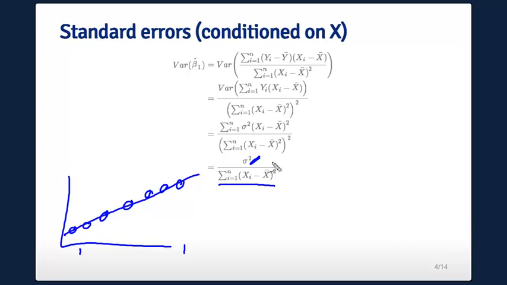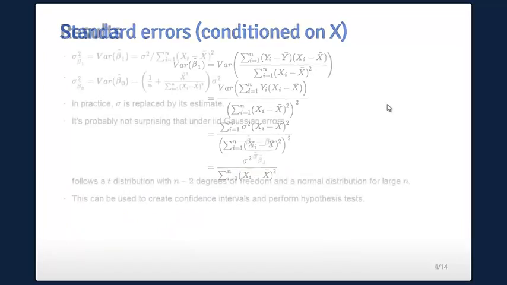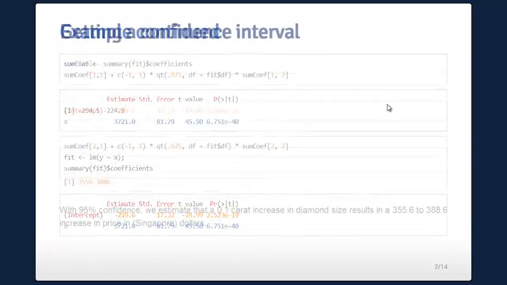The residual variation relative to the x variation is very small. That's what we think of when we think of a great, very nicely fitting regression line that should be well estimated. And I think the diamond example looks pretty much like that.